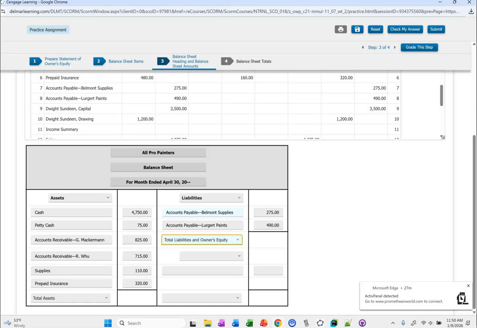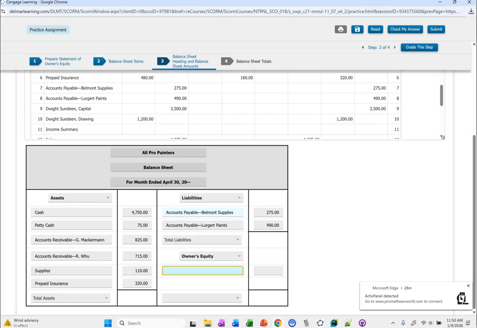What do you think? So total liabilities is next. And then we have owner's equity. And that's going to be the capital, right? Yeah, but it says the number's wrong. You have to add up all the assets and subtract the liabilities from it. That gets you the owner's equity.